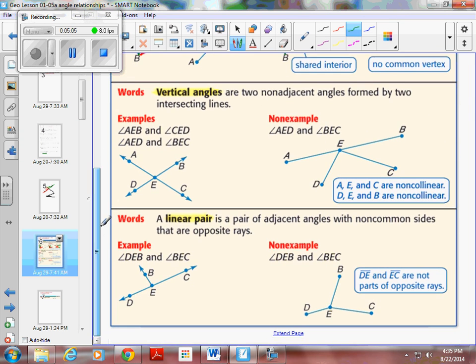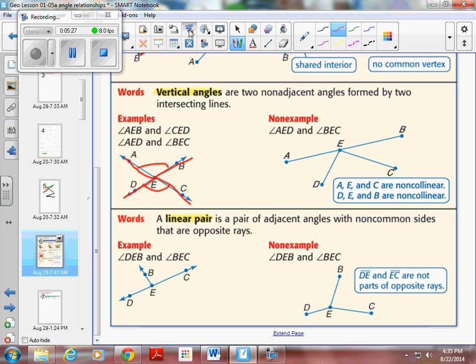So again, vertical angles. AED would be vertical to BEC here, right? This one here and this one over here. Those would be vertical. Also, AEB and DEC would be vertical, these two. So they are congruent to each other.